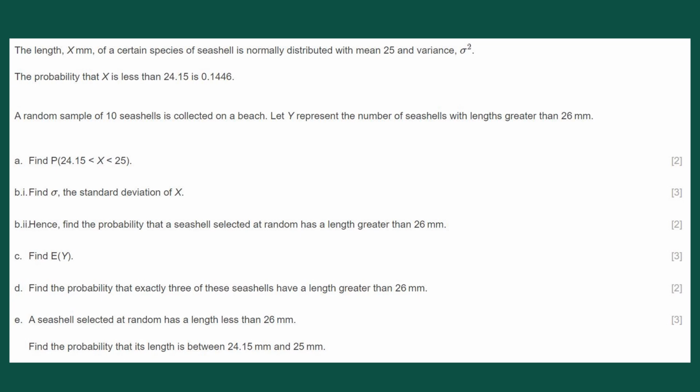For the last problem, a seashell selected at random has a length less than 26 millimeters. Find the probability that its length is between 24.15 millimeters and 25 millimeters.